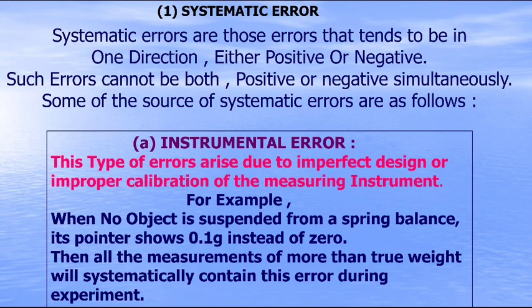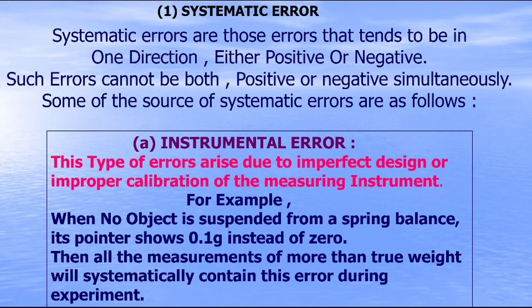For example, when no object is suspended from the spring balance, its pointer shows 0.1 gram instead of 0. Then all the measurements will systematically contain this error, being more than the true value, during the experiment.